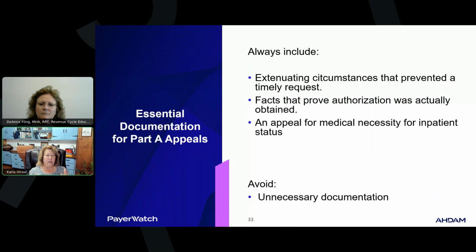So you need to use that information, and then you're going to appeal for medical necessity for inpatient status, just as you normally would. Like I said, our purpose today is not to teach how to appeal for the medical necessity, but to make sure that you have a clear understanding that there needs to be an appeal for medical necessity, but you need to put those extenuating circumstances front and center.